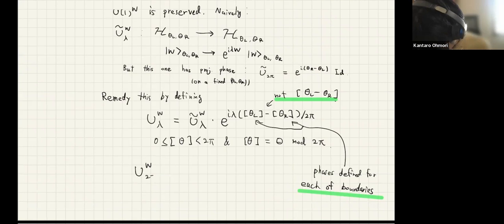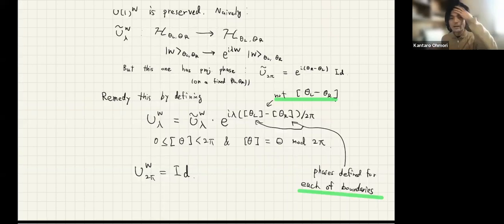So just a single winding U1 winding is not anomalous in this. You can remedy the action in this way, in the local way.